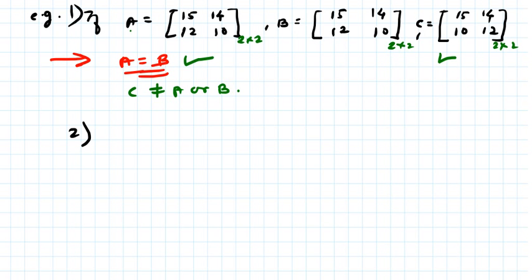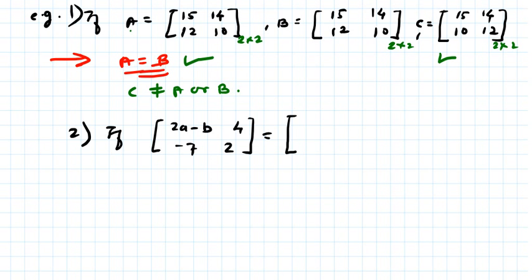Second example. Suppose the matrix [2a minus b, 4; minus 7, 2] is equal to the matrix [1, minus 7; 4, a plus 3b]. The question is to find the values of a and b.